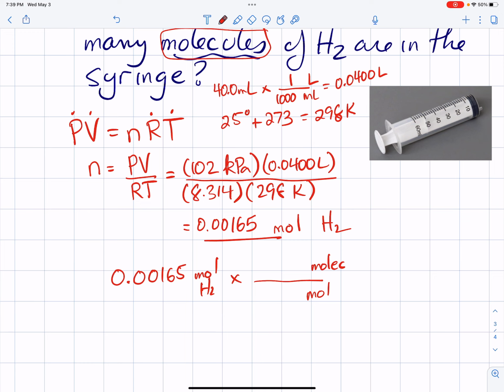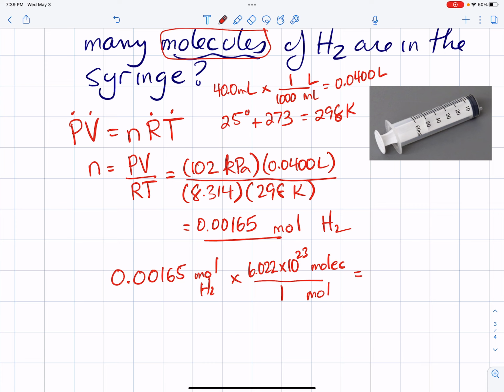How do you do that? Well, we're going to use Avogadro, aren't we? 1 mole of anything is Avogadro's number, 6.022 times 10 to the 23 things. So in a mole of hydrogen, there's Avogadro's number of molecules of hydrogen.